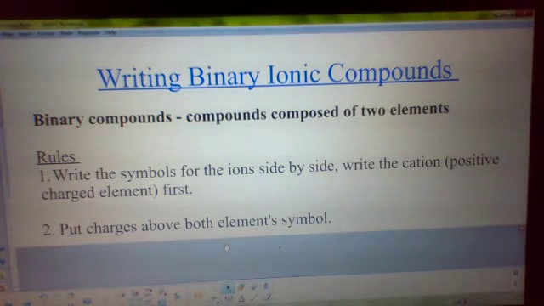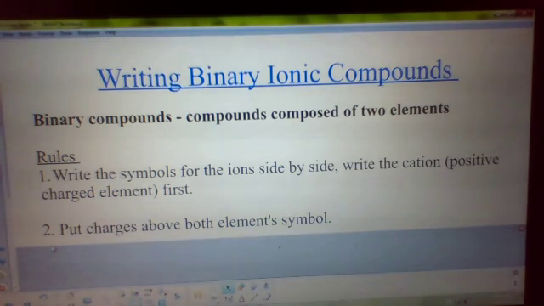The elements' charges you should have on your periodic table, or if you're looking on the side wall, the wall has a periodic table with all of the charges, that positive or negative number right above the column. So first two things: write down the ions side by side, then put the charges of the ions.